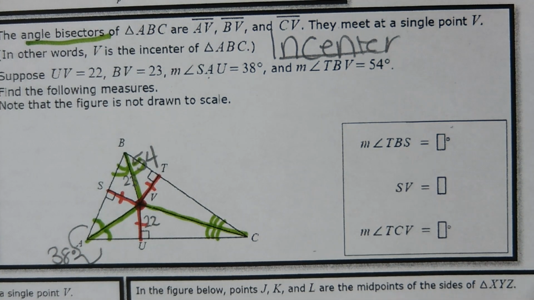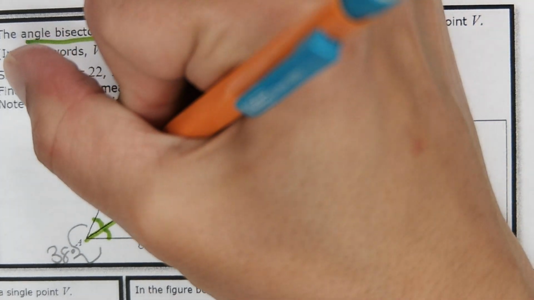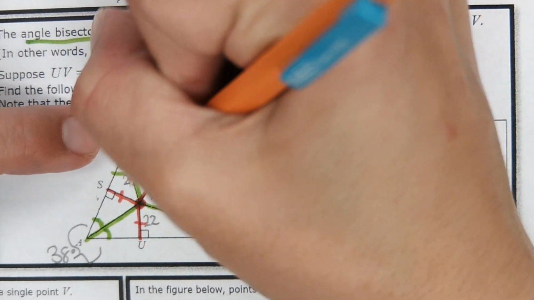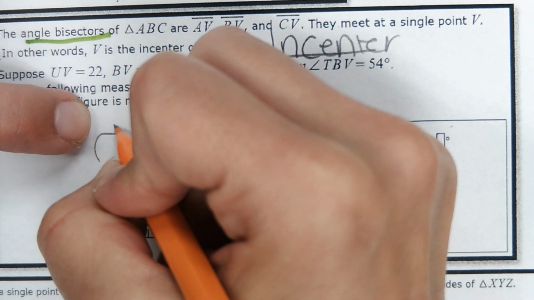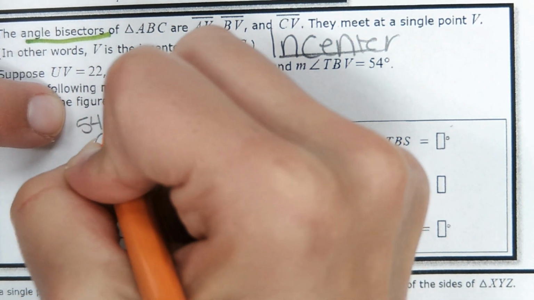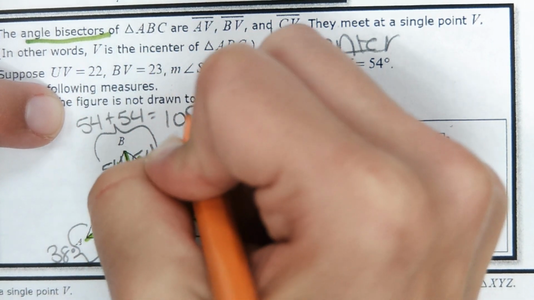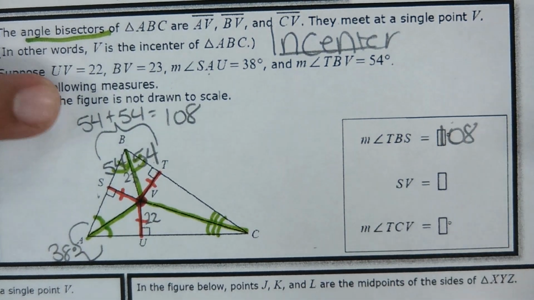Okay, so it asks for angle TBS, so that's this whole thing. This is an angle bisector, so if this is 54, this is 54. So TBS would be 54 plus 54 equals 108, and so that would be 108.